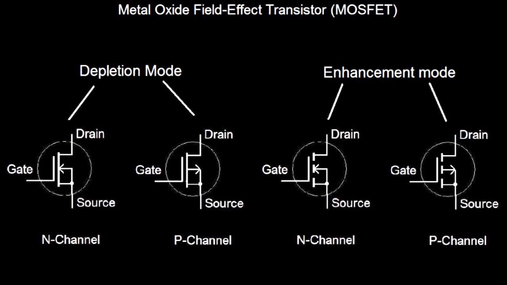Because of this very thin layer, these transistors are very vulnerable to static electricity. I will show you later in this video how sensitive these things are to static electricity.